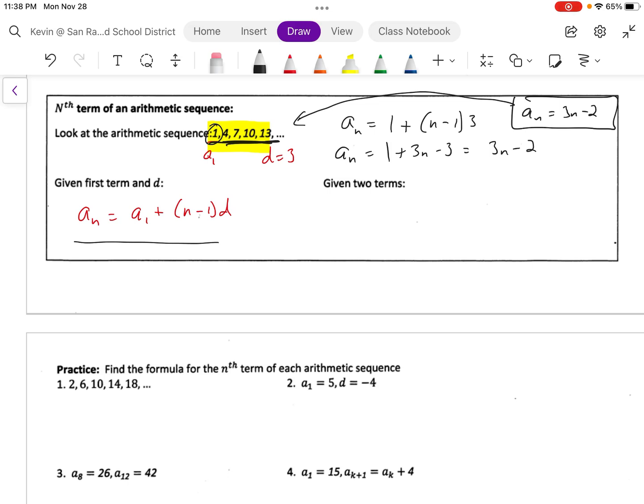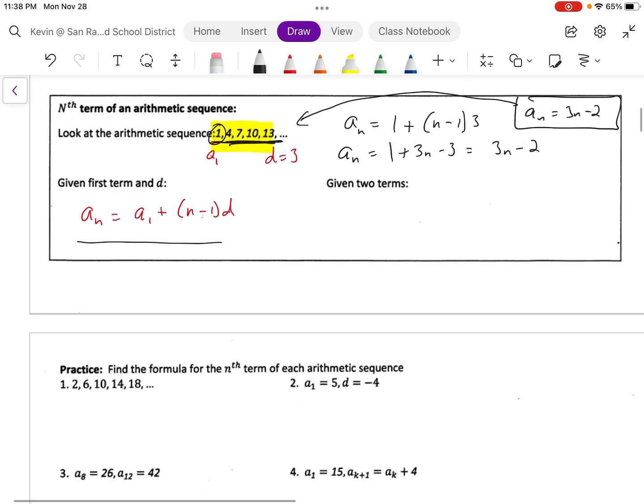Okay, and next, if we have two terms, but we don't have the first term and we don't have a common difference, they're going to be a sub m equals some value, and a sub n equals some value.